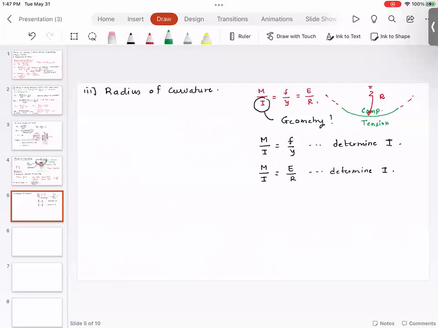Third combination is F divided by Y is equal to E divided by R. This equation does not include the geometry parameter I. So this equation cannot be used for design.